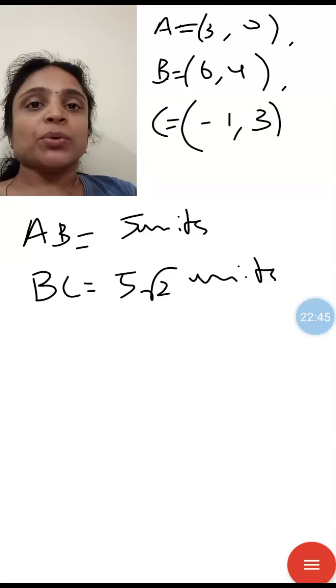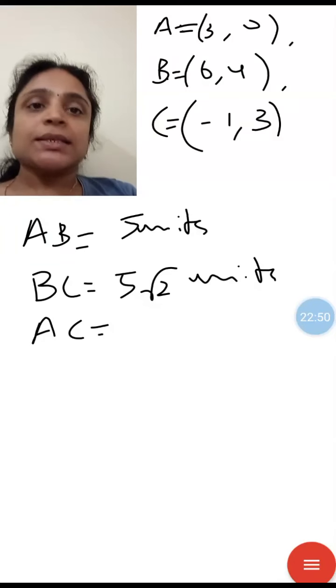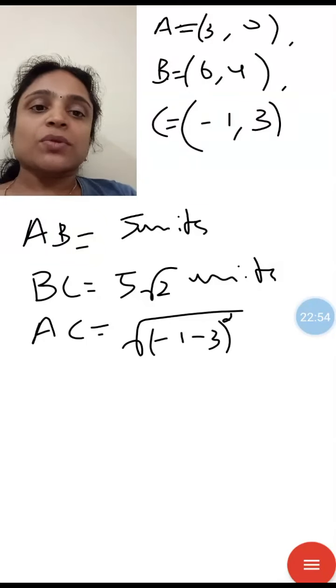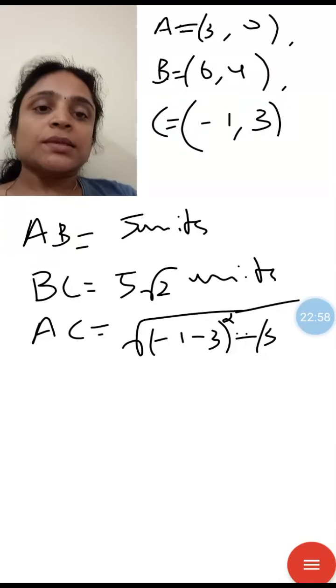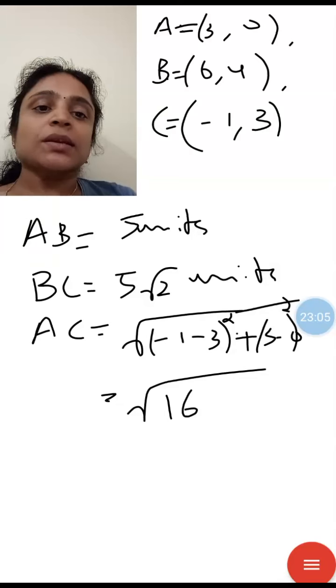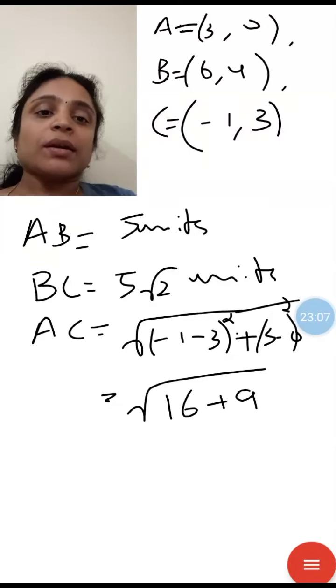Now what is AC? AC equal to root of -1 minus 3 the whole square plus 3 minus 0 the whole square equal to root of -4 square, 16, plus 3 square, 9, root of 25, 5.